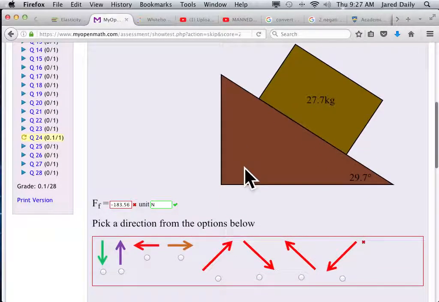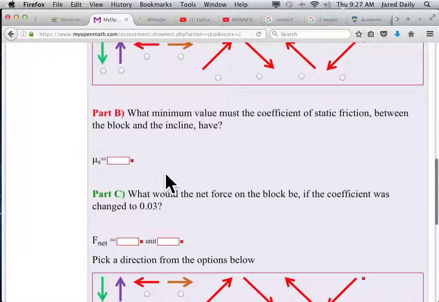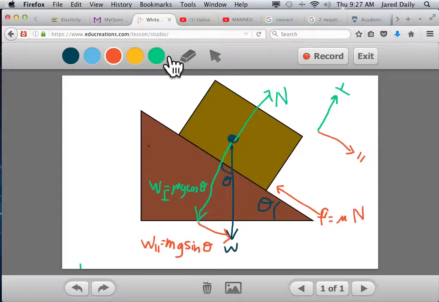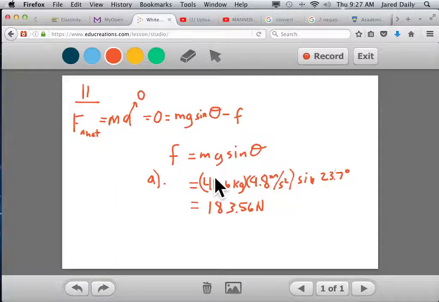Does not. Okay, I'm going to do the calculation really quick on mine. Let's go back here. So m is 46.6, right? Times 9.8 times sine 23.7.